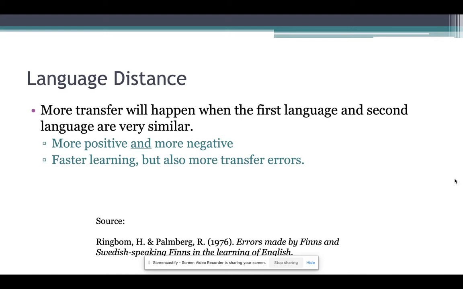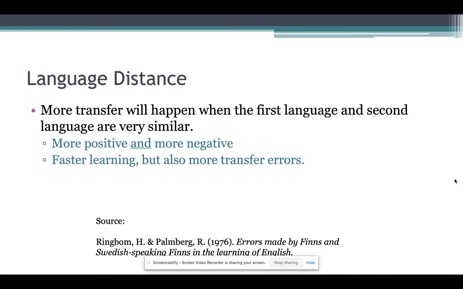But the transfer can be both positive and negative, which is kind of what I was saying before, right? This means there will be both more positive and more negative transfer when the two languages are similar. Faster learning, but also more transfer errors.